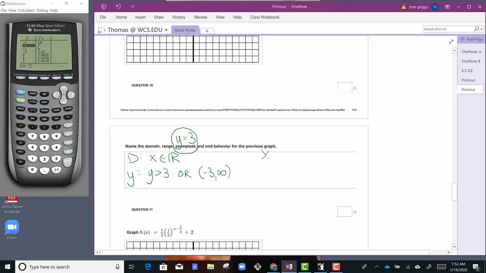And then finally, end behavior, the right side of the graph, a little R there, the right side of the graph is the side of the graph that is approaching the asymptote. I said -3, I meant +3 right there. The left side of the graph, as x is getting smaller, y is getting bigger.